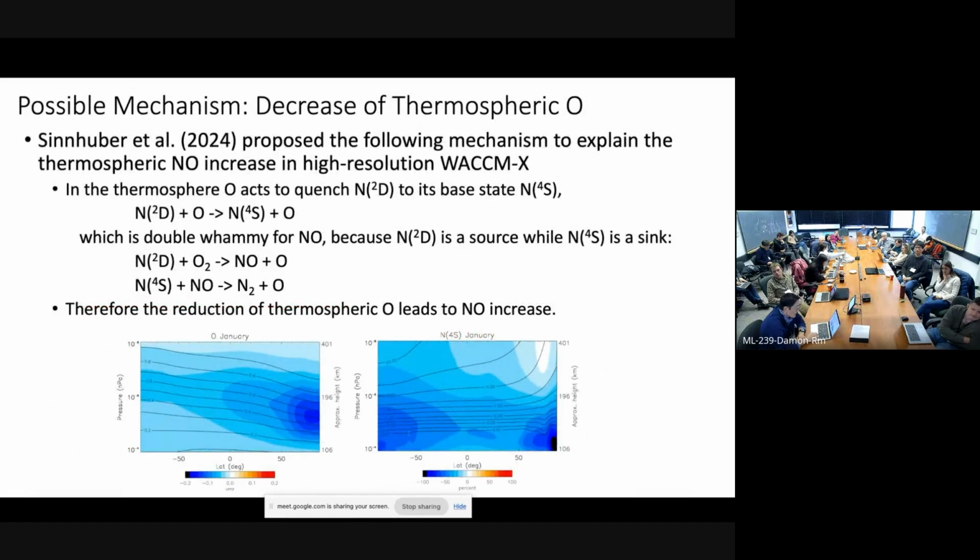So what that does is that it changes nitric oxide by changing the quenching of the metastable N, the N(2D). This is a mechanism proposed by Zinhuber et al.